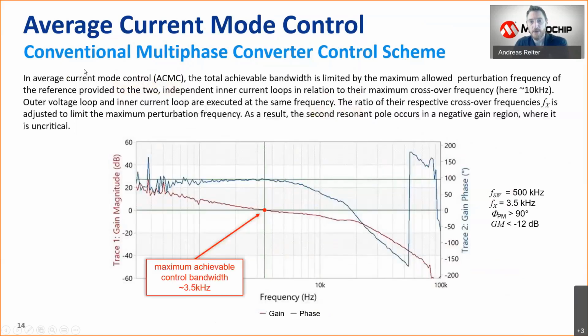When we set up a control system like this, our final output, our frequency domain, might look like this. The other thing is when you have an average current mode controller, the inner current loop is seeing two perturbations. One is coming from the feedback: it sees a load step it needs to respond to.